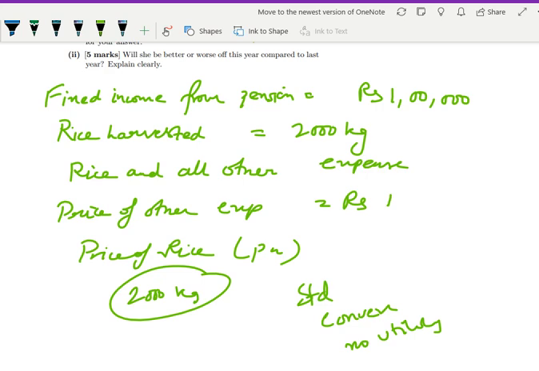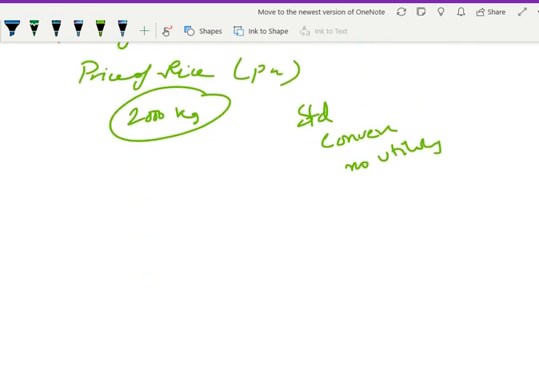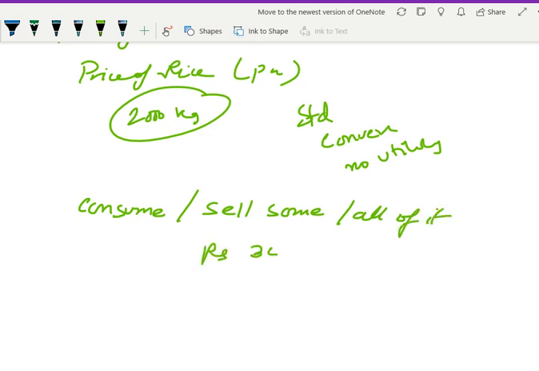So what will happen to her rice consumption this year? This is my question. First, Miss A has 2000 kg of rice regardless of the price. She can either consume it, or she can sell some or all of it at rupees 30 per kg.